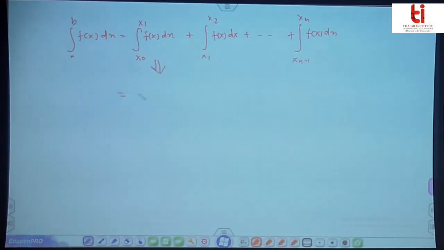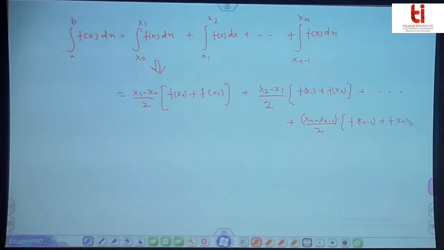It comes out to be (x1 minus x0) upon 2 times f of x0 plus f of x1, plus (x2 minus x1) upon 2 times f of x1 plus f of x2, and so on, plus (xn minus 1) upon 2 times f of xn minus 1 plus f of xn.